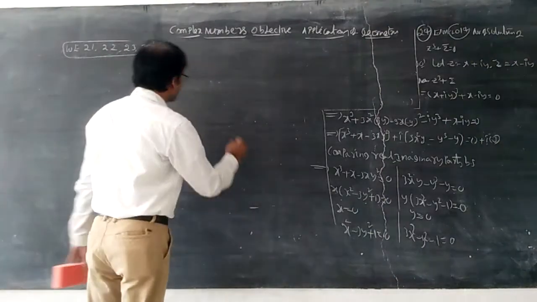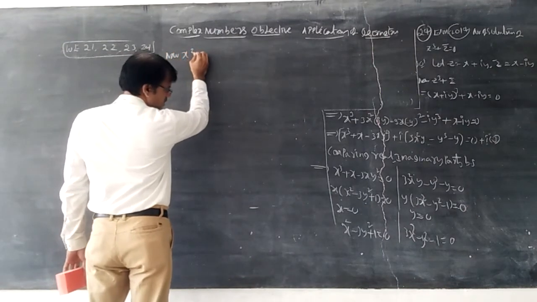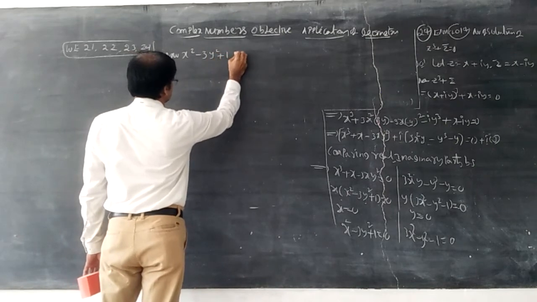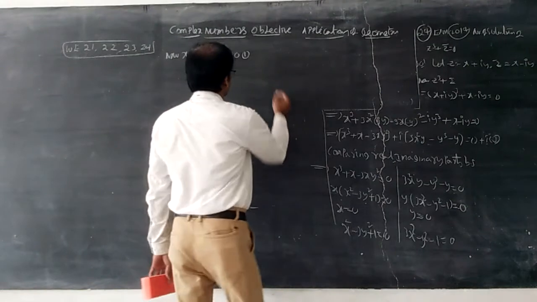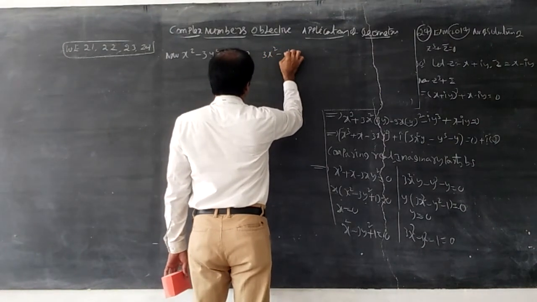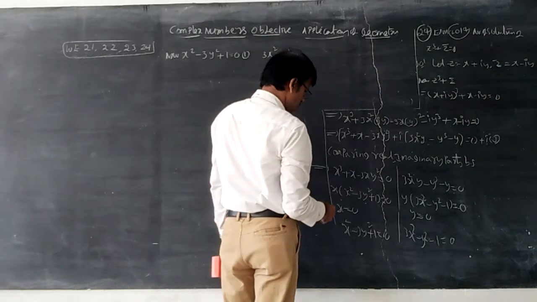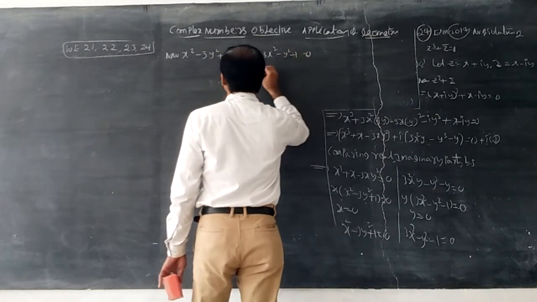Let us continue here. Now x square minus 3y square plus 1 is equal to 0. Put it as equation 1. Next, 3x square minus y square minus 1 equal to 0.